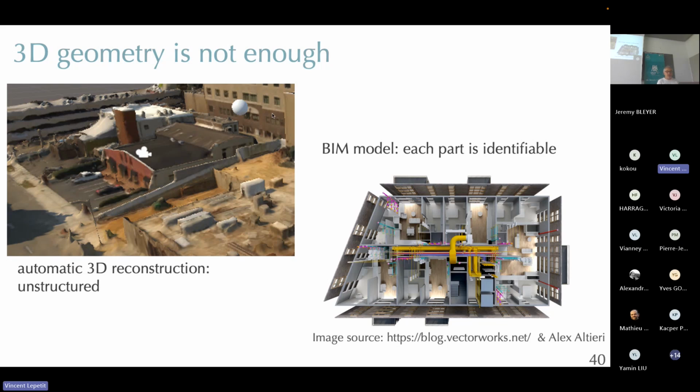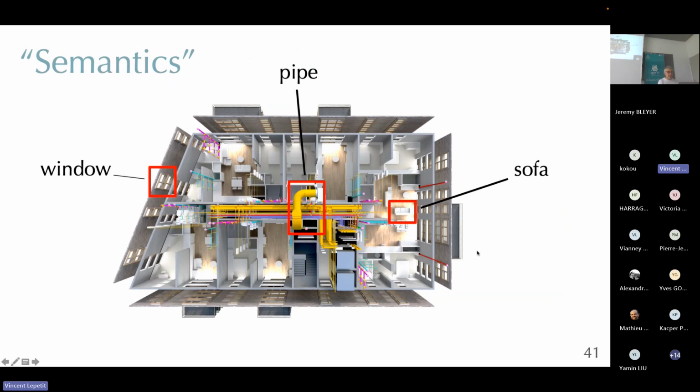While for a digital twin, we would like something more high level. For example, in a BIM model, you can distinguish the walls and the different parts. That's something that we call semantics in computer vision. I don't really like the term, but maybe it sounds smart, but it's okay. So I will call it semantics.